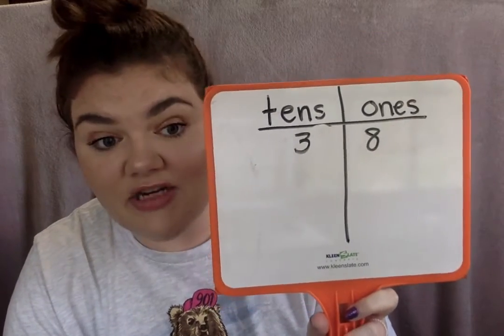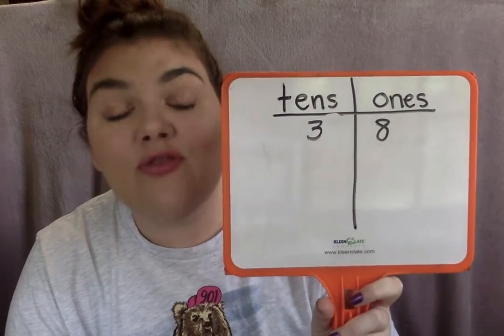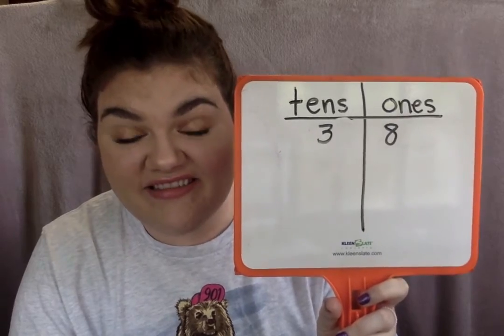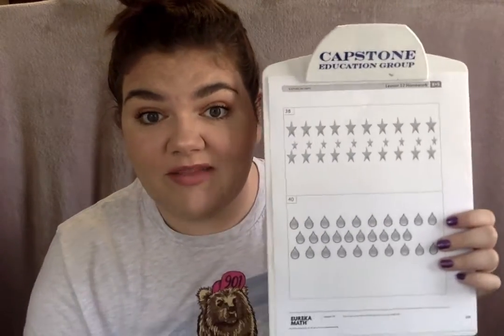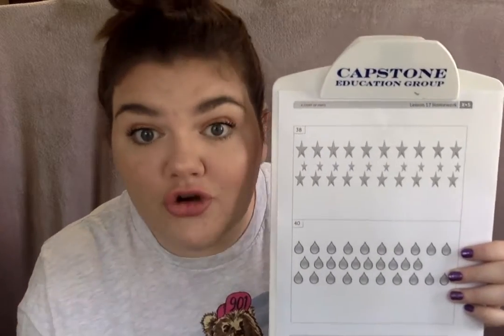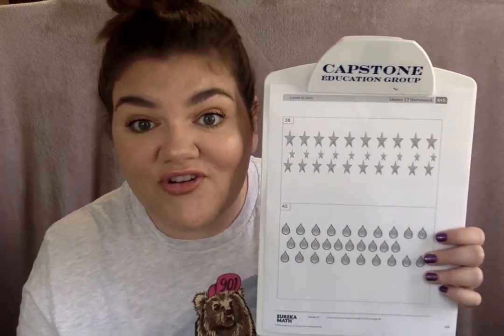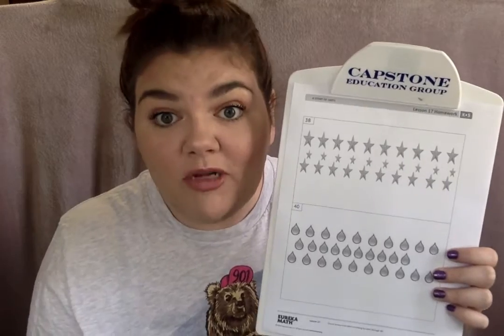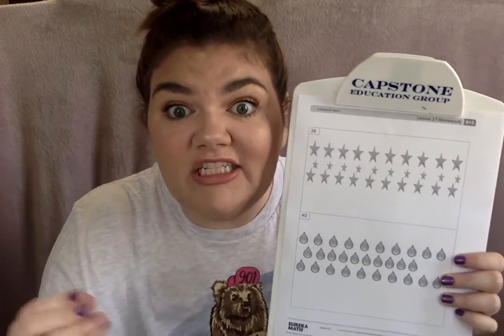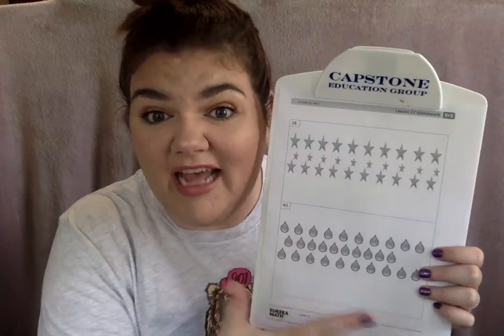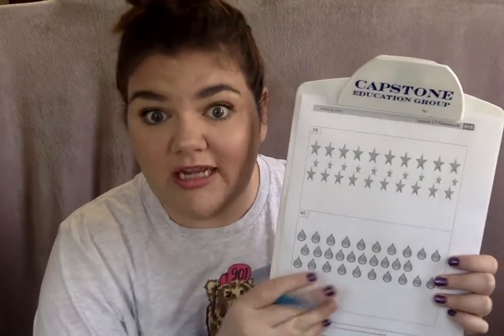So how many tens are in 38? 3. And how many ones? 8. Okay, so for this one, what we're going to do is we know that the best thing to do to help us with something like this is to circle what? Circle 10. So I'm going to circle 10. And I'm going to keep circling 10 until I see that I don't have 10 left over. Okay, so let's circle 10 first.